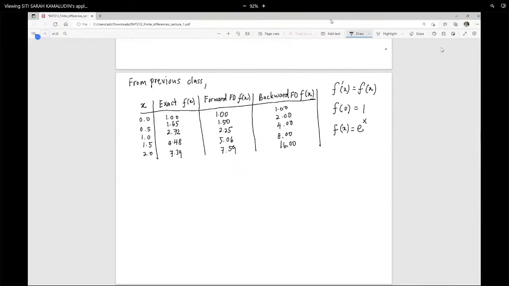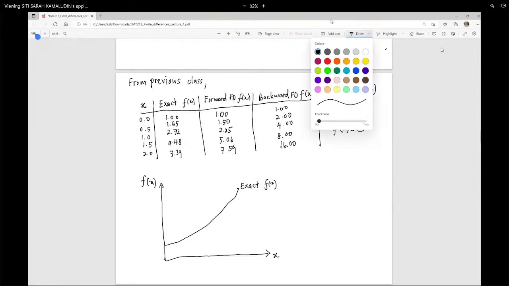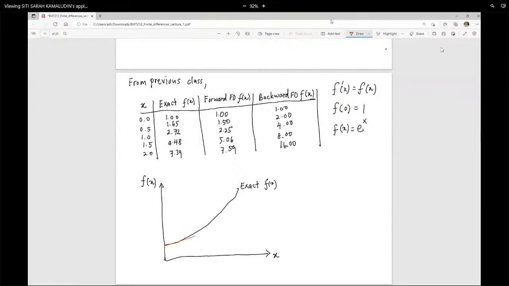Right? Now, if we are to plot this on a graph, this is x axis and this is fx. Let's say the black one is the exact solutions. Then let's say the red one is the forward.